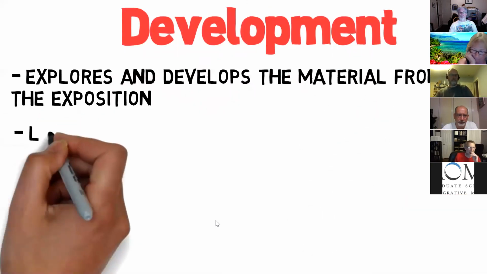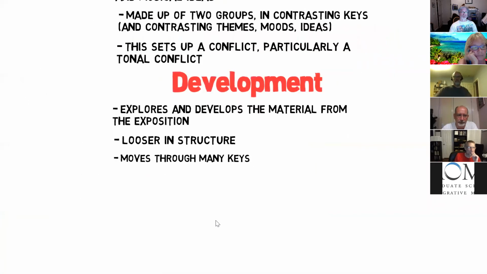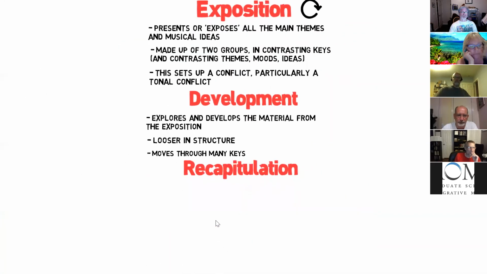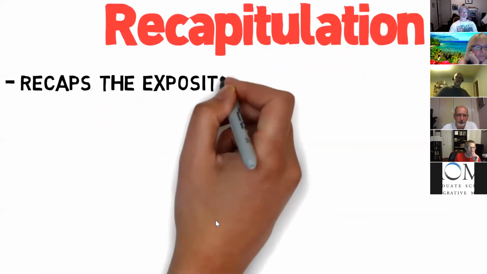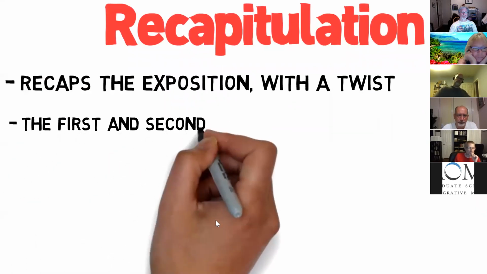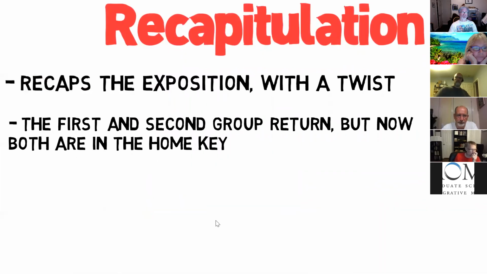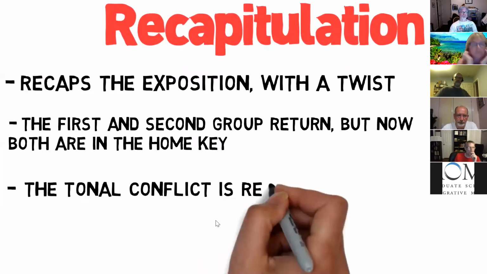This is usually more discursive and looser in structure and will move through many keys. And finally, we get a recapitulation, which literally recaps the exposition, but with a twist. Things are the same in some ways, but in other ways crucially different. For example, the first and second group will return, but now both will be in the home key, and so the tonal conflict from the exposition is resolved.